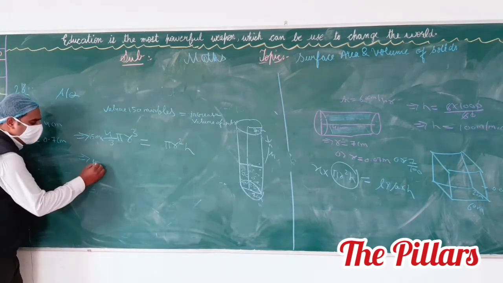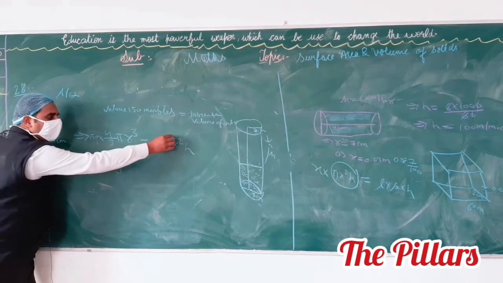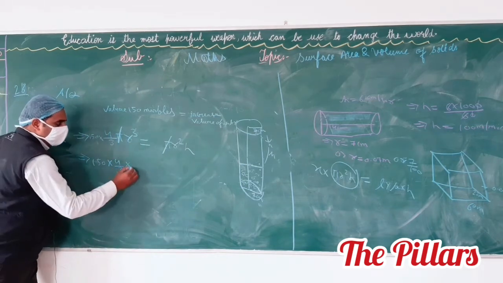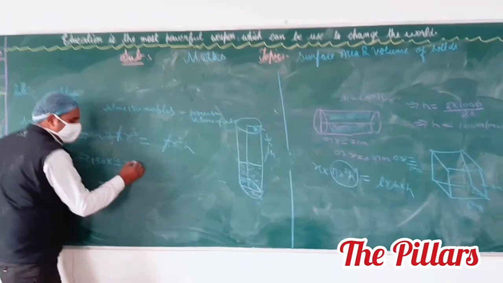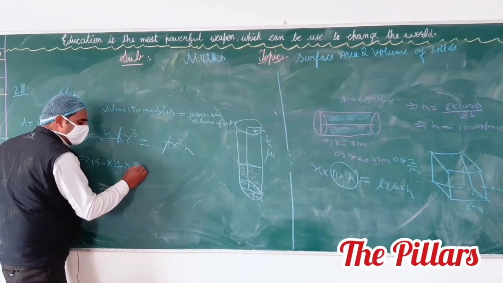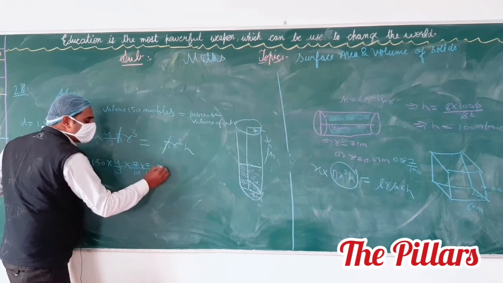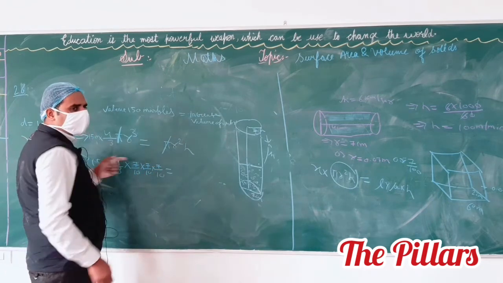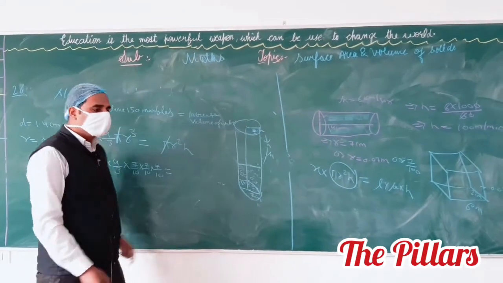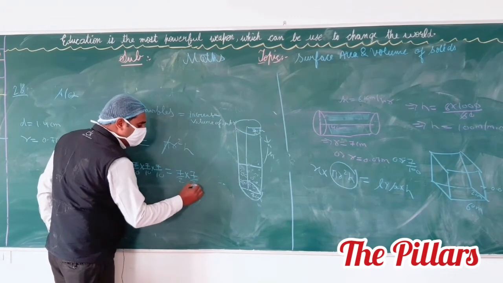This implies 150 into 4 by 3 pi, and pi cancels out, into r cube, which is 7 by 10, 7 by 10, 7 by 10, equals r square, which is 7 by 2, 7 by 2, into height.